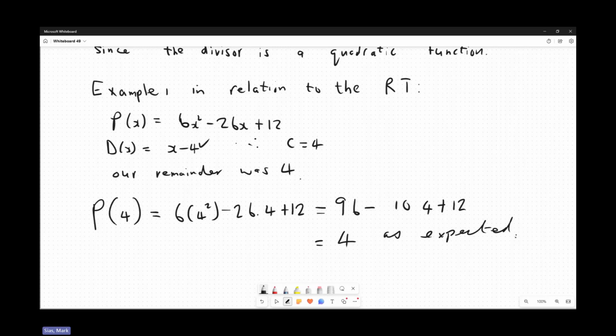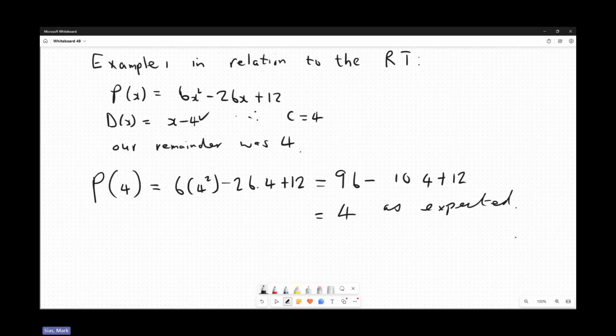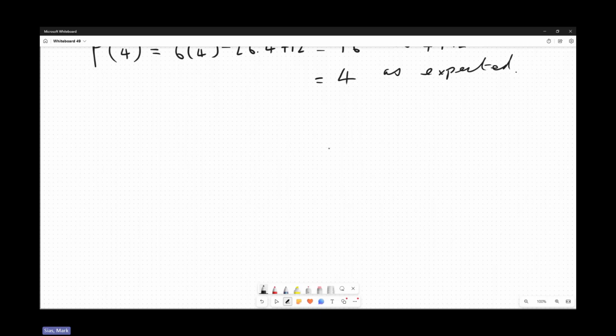Firstly, we started doing long division, and then we found we had the dividend function, we had the divisor function, we found the quotient function, and we also found the remainder. Now we will be given the polynomial function p of x, and we will be given the divisor function, and now we will predict the remainder, okay? Right, okay, and then we'll test that result. So let's call this example 4.